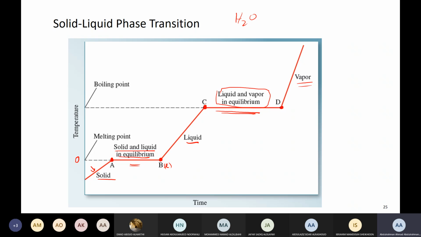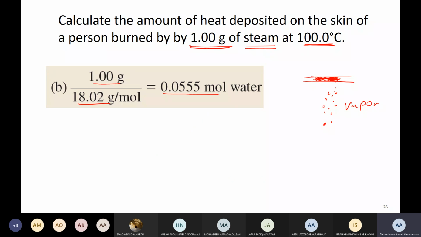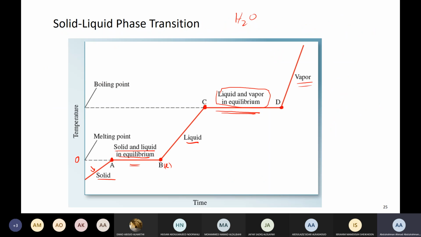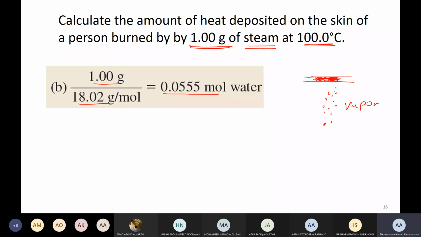So in this question, which point did I start with? D. Tell me why. Because it is steam, vapor at 100. Because it says here, vapor, steam at 100.